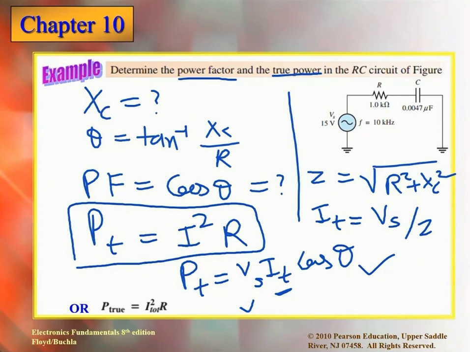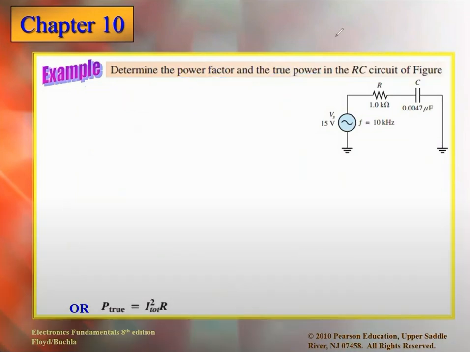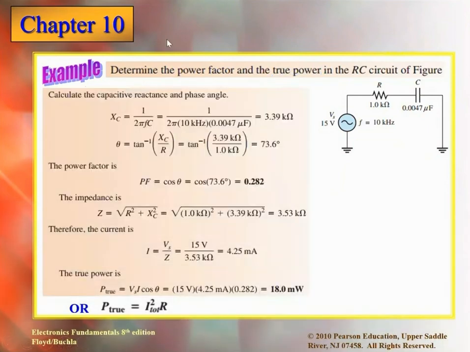There are different ways, different formulas, but whatever suits you, whatever you feel is striking in your mind, you just go for it and calculate it. So this is the solution. This is XC first, then theta, then power factor, then Z, then I is calculated, then they used true power with VS in this one, and they calculated this one. And this one can also be calculated this way. Okay. All right.